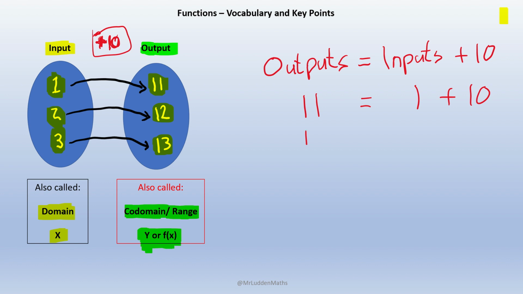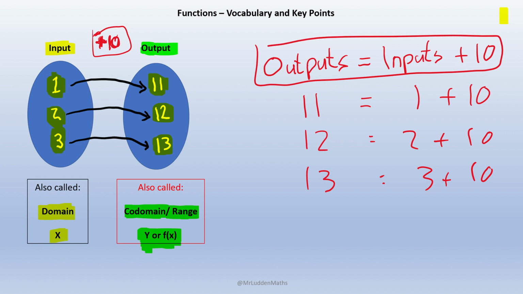I could say that my 12 was my 2 plus 10, and of course that's correct, and my 13 was my 3 plus 10. So my rule here was that my output is equal to my inputs plus 10. And these are my 3 examples. I'm just going to take those away because that was just to show you how those work.